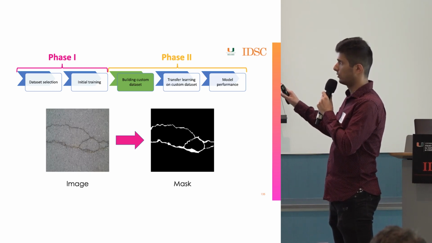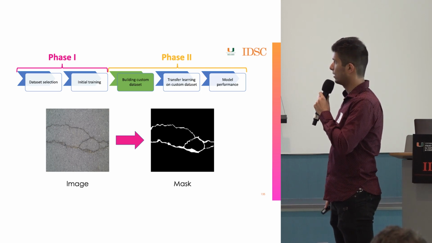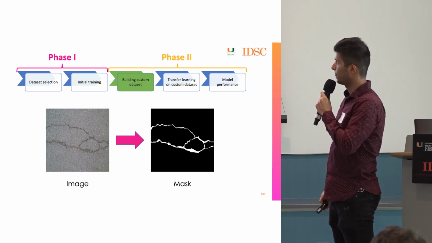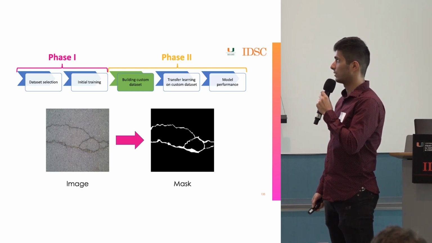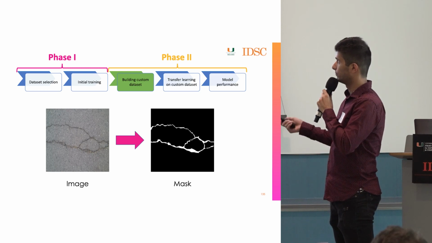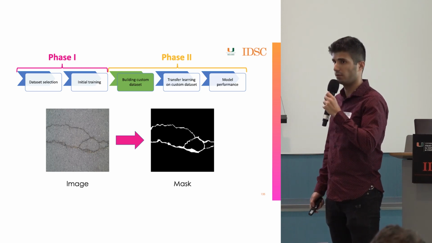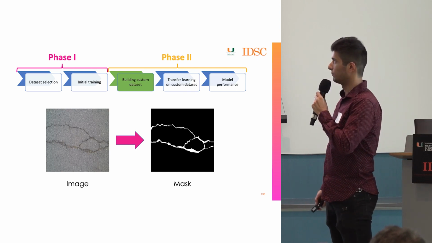Right now we're at this stage, we're annotating our images, we're drawing the masks for the training. This is taking a lot of effort because we want to be as accurate as possible. But a few undergrad students are helping us to achieve this.